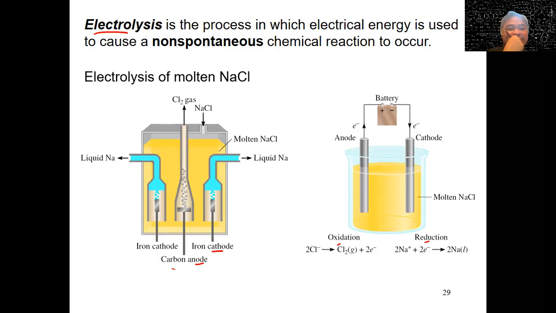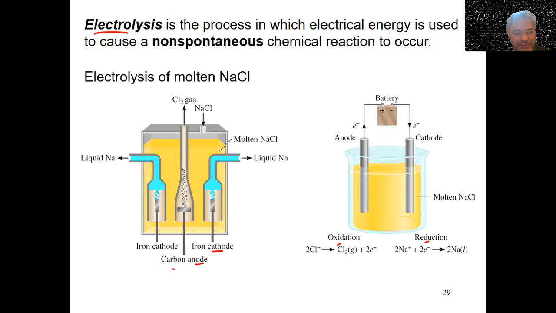So if you're going to look at the reaction, if you have a mixture of NaCl, in the cathode, your Na plus will be converted to Na. And on the anode, your chloride will be oxidized to give you chlorine.